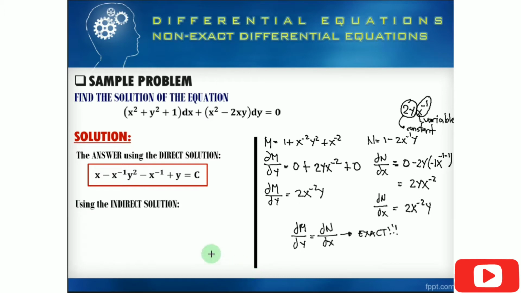so you have to remember that we have two forms of using the indirect solution, and the first one is this integral of m dx plus your f as a function of y is equal to c, or you may opt to use this another form, integral of n dy plus your j as a function of x is equal to constant.